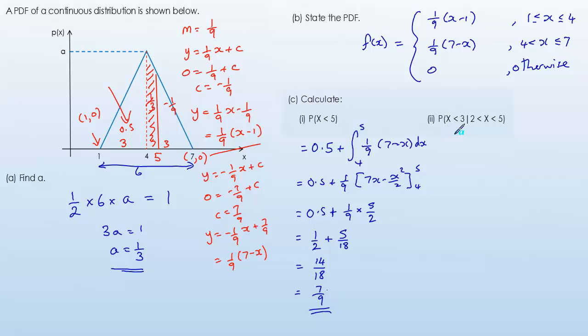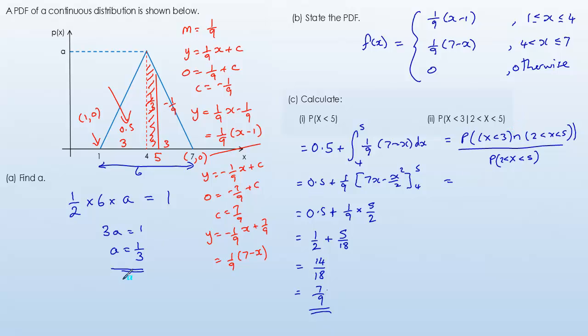Now we have the probability x is less than 3, given that x is between 2 and 5. So that's going to be the probability that x is less than 3 intersection x being between 2 and 5, over the probability of x being between 2 and 5.